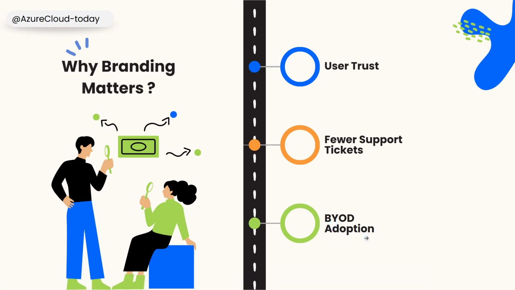If your organization supports bring your own device, the privacy statement feature lets you explain clearly what IT can and cannot see. That reassurance is what gets employees to actually enroll their personal devices. Now let's switch to the Intune Admin Center and configure this together.